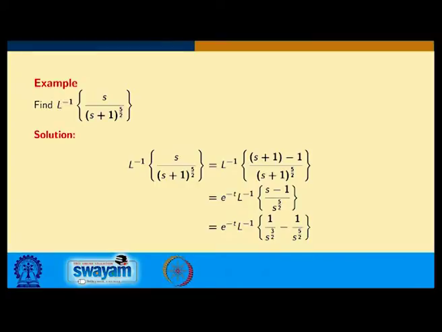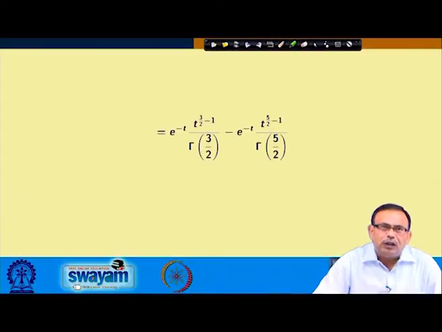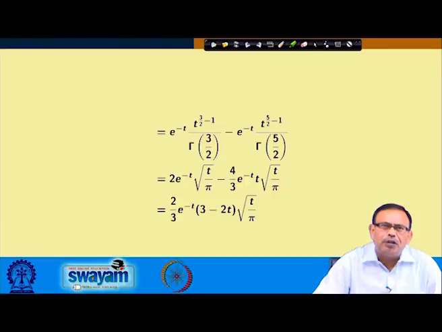From here I can write it into two parts. This equals gamma half, up to this I have done. This I can write using e to the power minus t into root t by pi. I am breaking it using the property gamma n plus 1 is n gamma n, and ultimately you will get the result as 2 by 3 into e to the power minus t into 3 minus 2 t by root over t by pi.